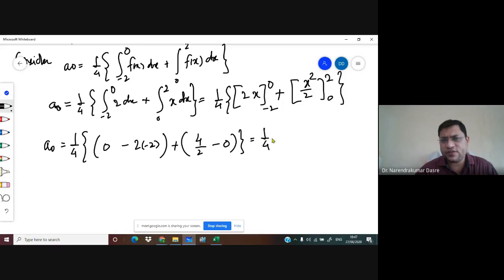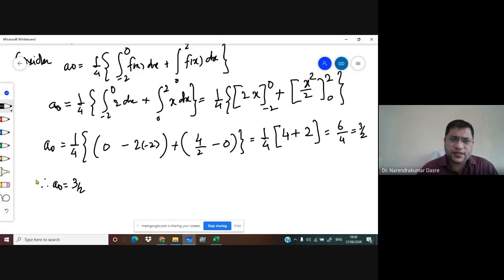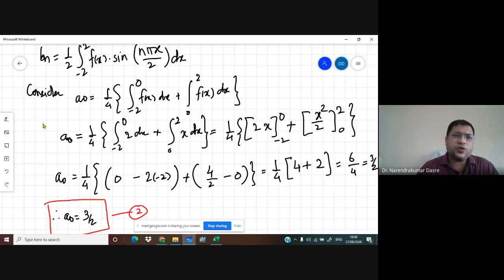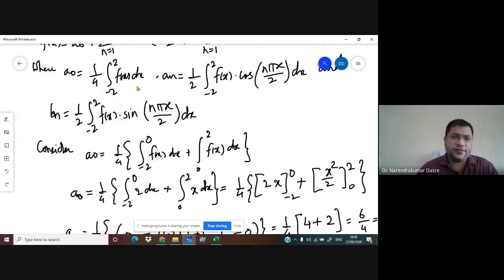This minus 2 will become plus, so we have plus 4, and plus 4 by 2, which is 2. So we have 6 by 4, which I can write as 3 by 2. So we get the value of a0 equal to 3 by 2. Let this be equation 2. Now we have to find the value of an.